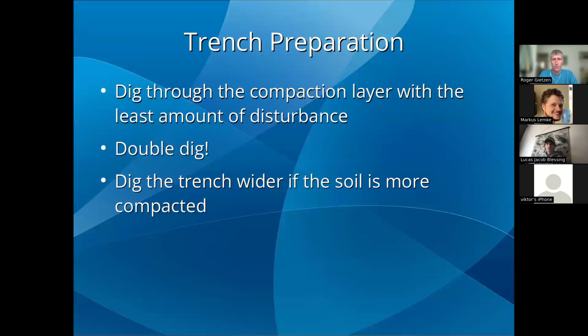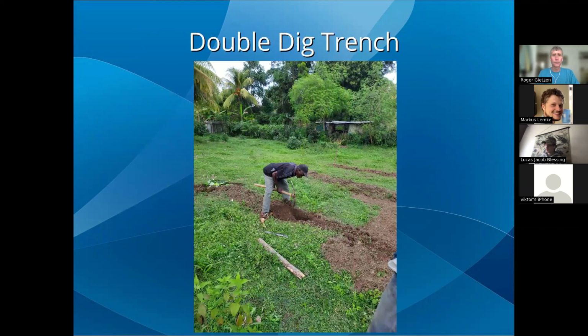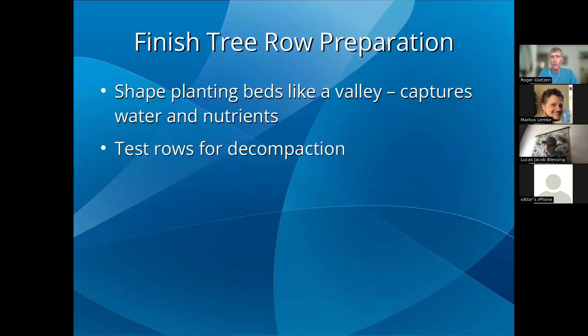And did I skip something? The width of the trench depends on the quality of the soil, but normally it's maybe a hand width apart, the width of one or two widths of the pick.